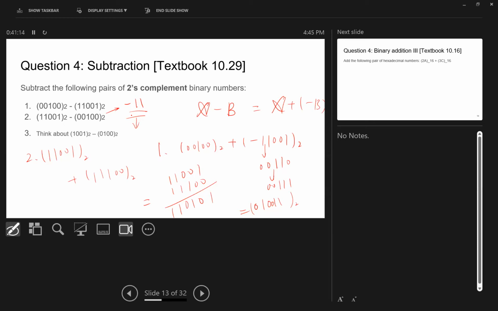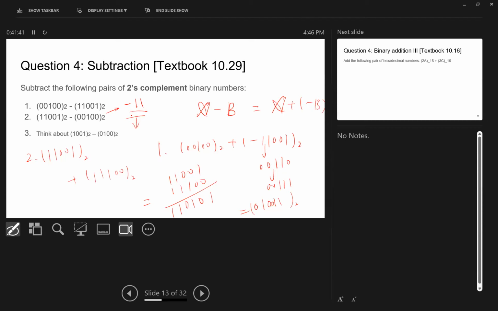Is it clear? Since this subtraction result does not overflow, it means that this result does not overflow as well. So we just discard this overflow bit, because according to the decimal result here, we don't need this overflow bit.